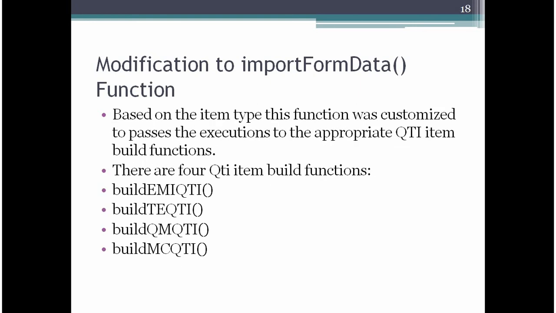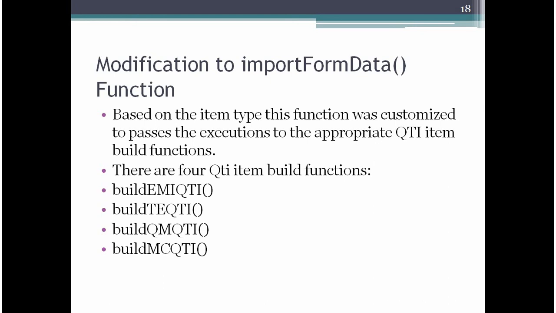This function had to be modified. In my case now, the form is not one text area box. I have to collect the values of different variables in the form, and I don't have to store it as text. I have to build the XML object and store it as such.